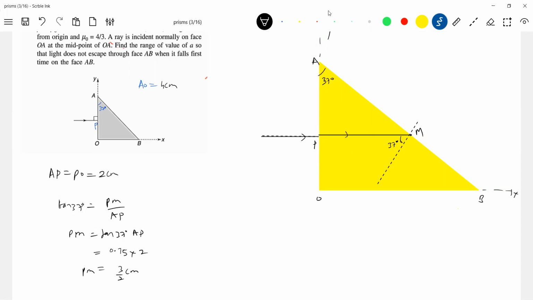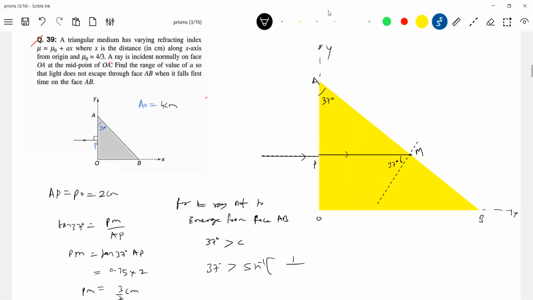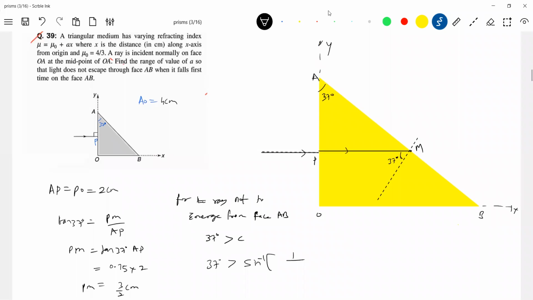Okay, there's PM. What happened after this? It's a strict condition that for the ray not to emerge from face AB, 37 degrees should be greater than the critical angle. What is the critical angle? Sine inverse of 1 by mu. What is the value?